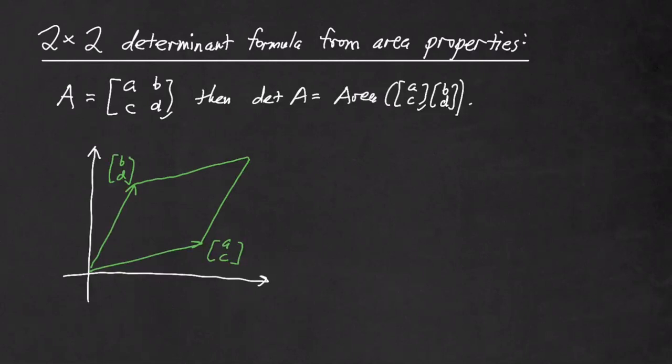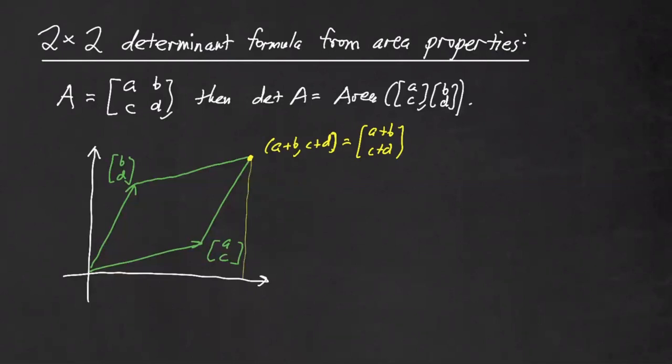You can sort of draw a picture. It turns out this point right here is A plus B comma C plus D, or the vector A plus B comma C plus D. And you can draw this little bounding box.